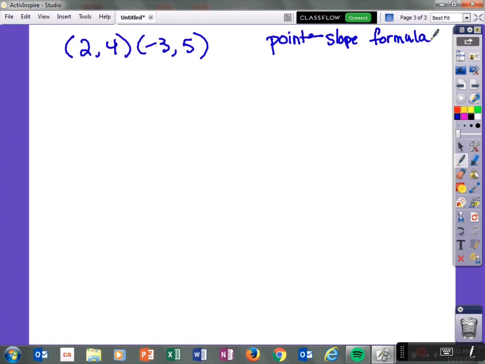So we still have everything we need except what the point slope formula is. Here's the point slope formula. y minus y1 equals m parentheses x minus x1.